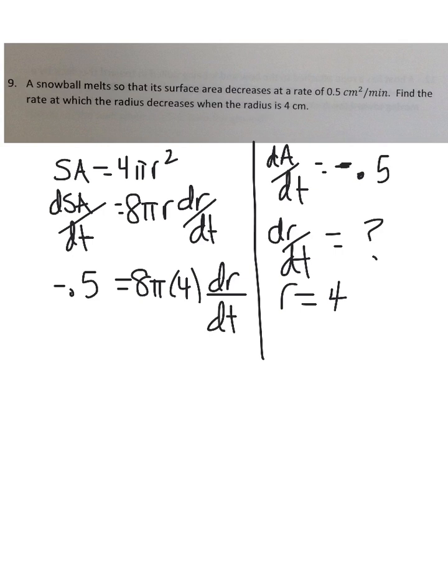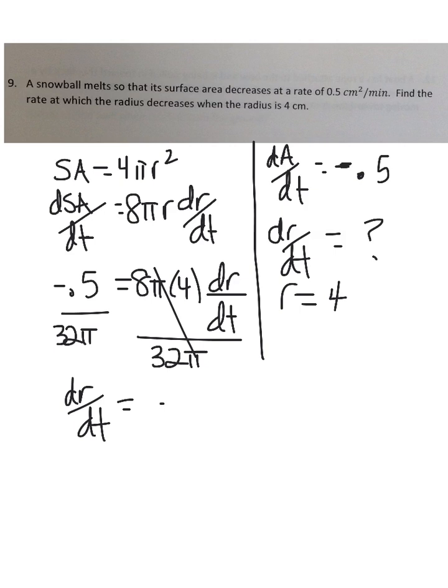I am going to divide all of this by 32 pi. Leave the pi, just do negative 0.5 divided by 32. So my dr/dt ends up being negative 1 over 64 pi.